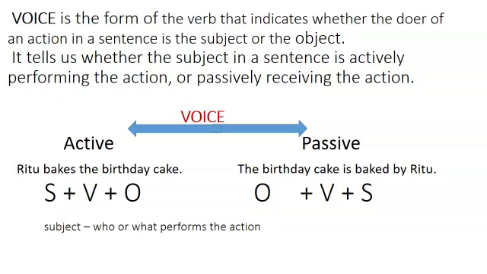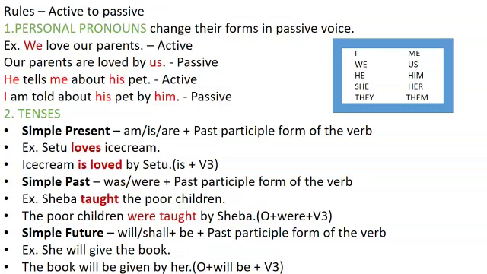And the second sentence, the birthday cake is baked by Ritu, where the structure is object plus verb plus subject, is in passive voice, because Ritu has become the receiver of the action. Generally, the preposition by is added before the doer of an action in a passive construction.